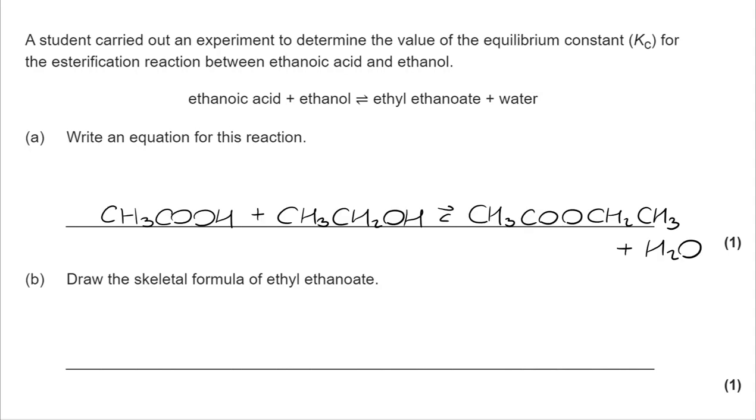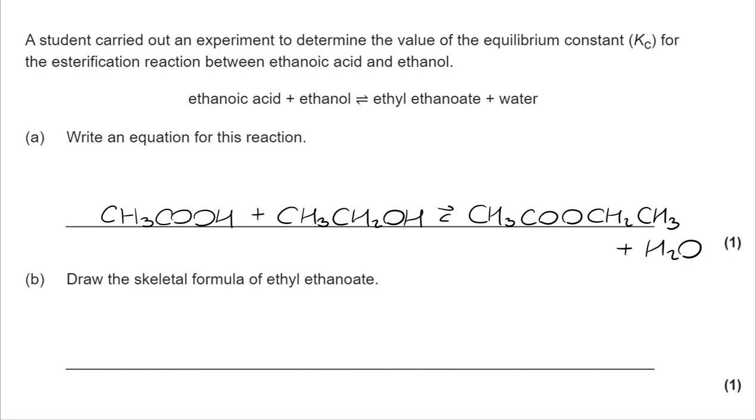And we get this, remembering that it is a reversible reaction. So the CH3COOH, my C2H5OH, written slightly differently there, ethanol, my ethyl ethanoate, CH3COOCH2CH3, and my water on the end, because that will be produced because it's a condensation reaction.